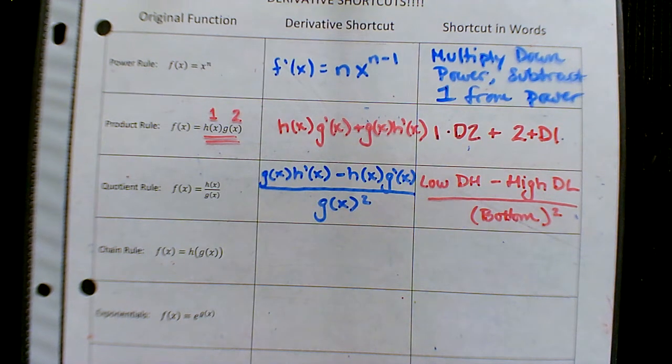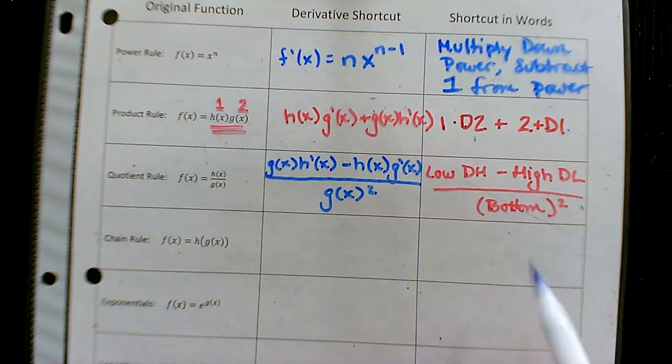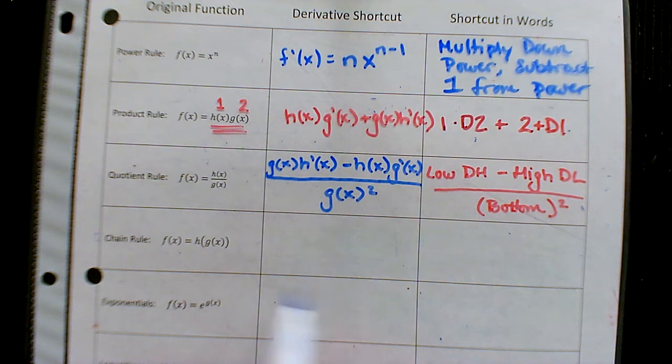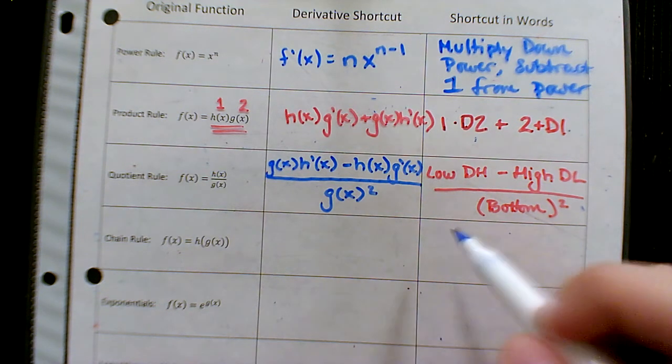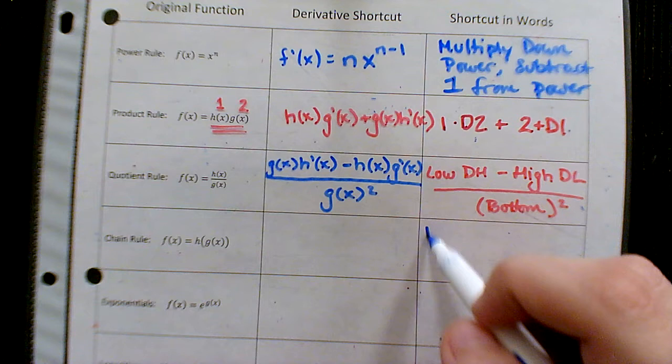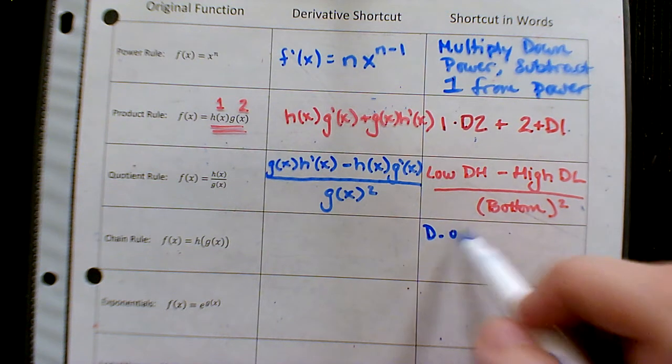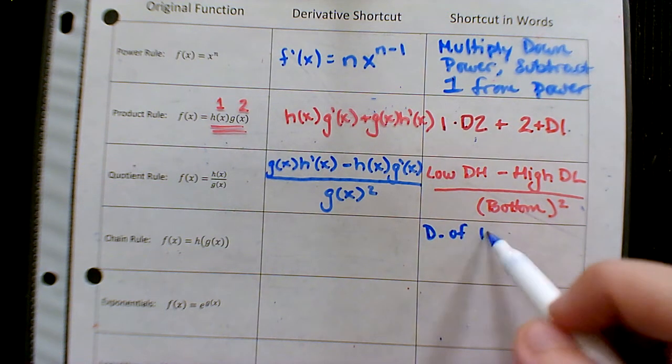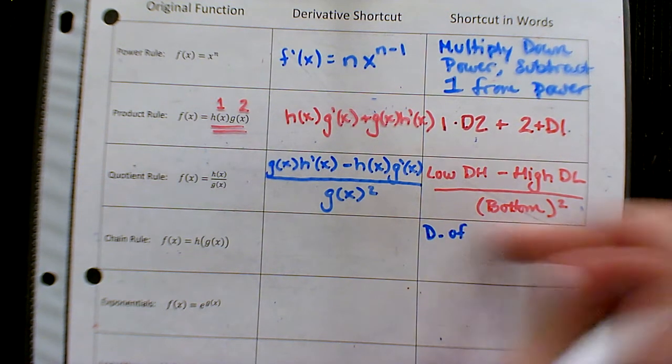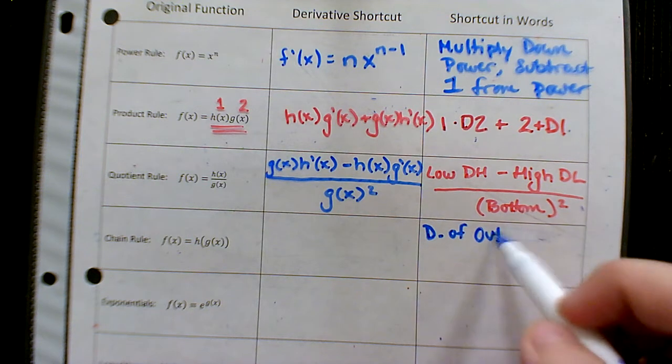All right, chain rule. Either wording we use to help us find the derivative, or maybe you want to find the derivative using the math notation. How does a chain rule work? Derivative of the outside with the same inside. Okay, so derivative of the outside, that outer layer.